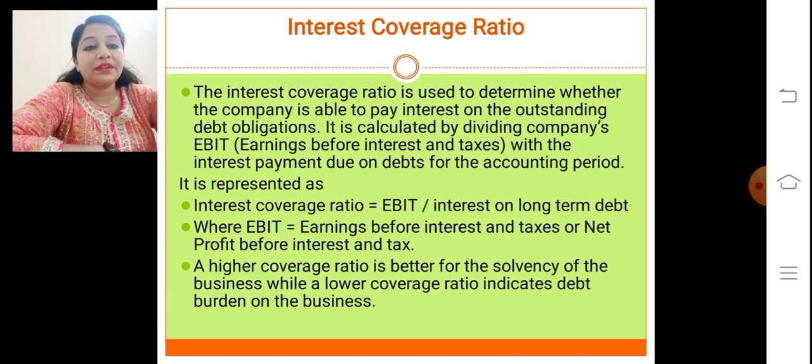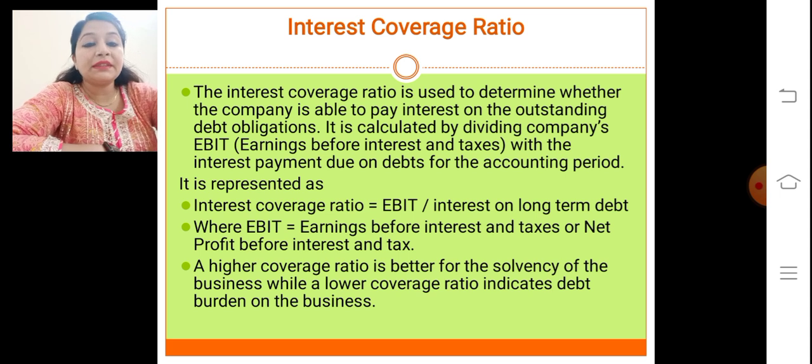Next is interest coverage ratio. Basically, what do you mean by interest coverage ratio? Interest coverage ratio is used to determine whether the company is able to pay interest on its outstanding debt obligation. It is calculated by dividing the company's EBIT, earnings before interest and tax, by the interest payment due on debt for the accounting period.